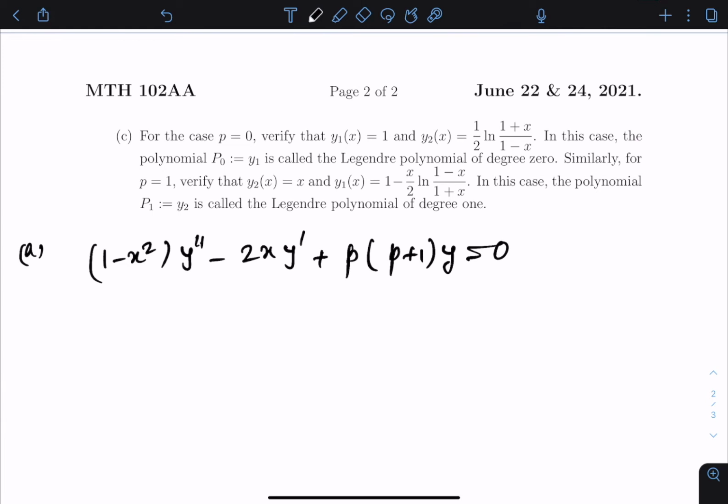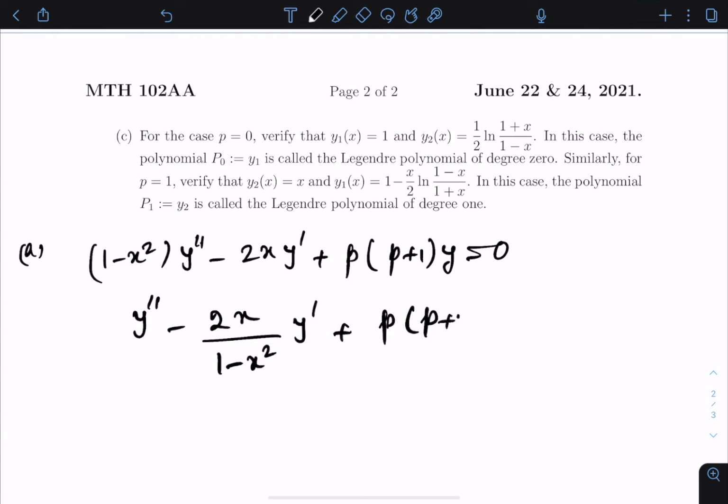This is the Legendre equation, the differential equation that we are given. So what are the singular points? You write it in the normal form, and you get y double prime minus 2x over (1 minus x square) y prime plus p(p plus 1) over (1 minus x square) y equal to 0.